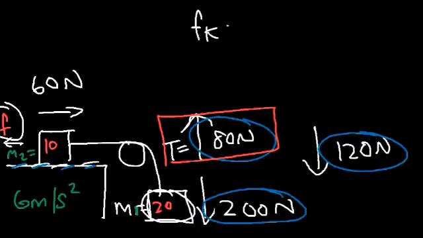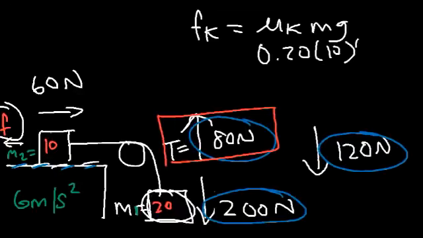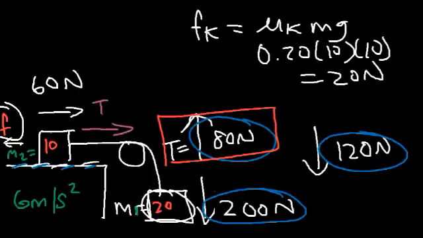Remember, the frictional force was mu k times mg. Mu k was 0.20 and mg was 100. So the frictional force is 20. So the tension force that pulls the 10 kilogram object to the right must not only accelerate it with a force of 60 newtons, but it must overcome the frictional force of 20.